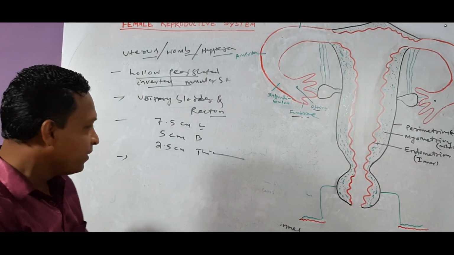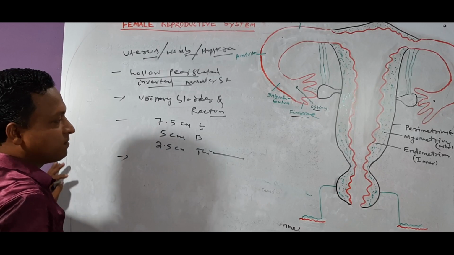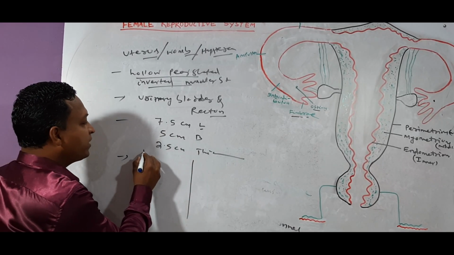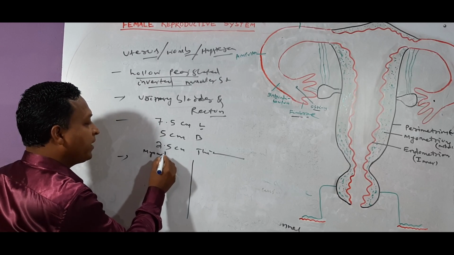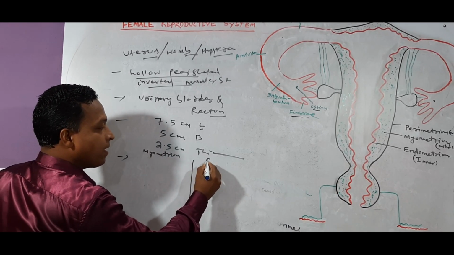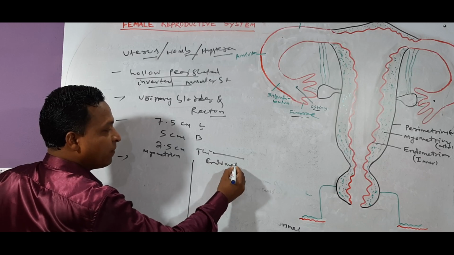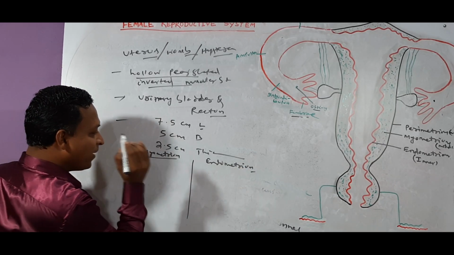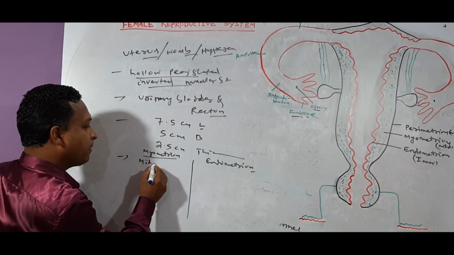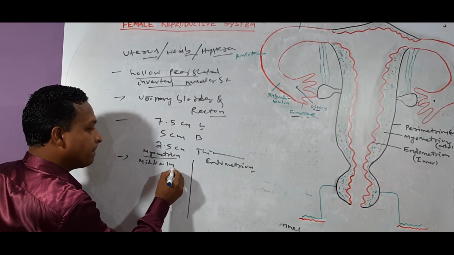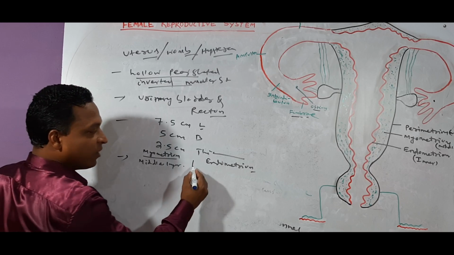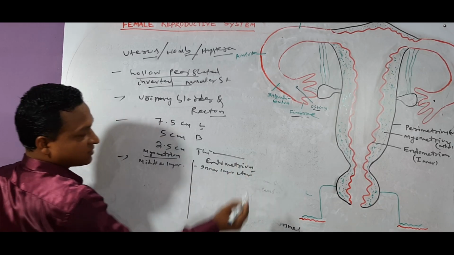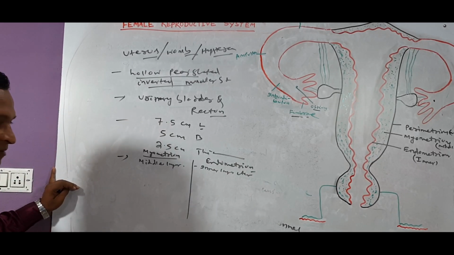Try to focus your mind. In this part, one important question will be asked: the difference between myometrium and endometrium. The myometrium is the middle layer of the uterus. The endometrium is the inner layer of the uterus.